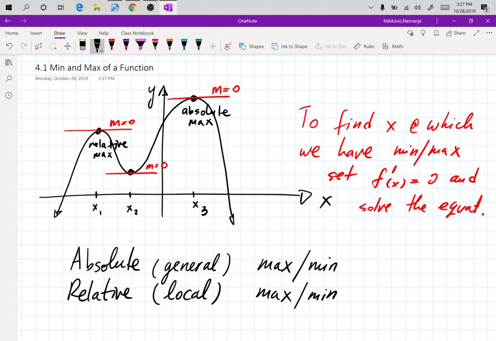Well, infinity is not a point, so we can't claim absolute on infinity ever. Nope. That's why it's relative, or local. There are lower y values to the left and to the right. So we do not have an absolute min in this case. We only have a relative min.